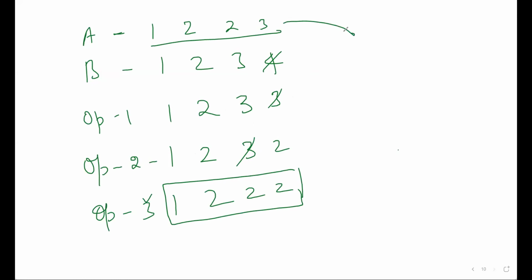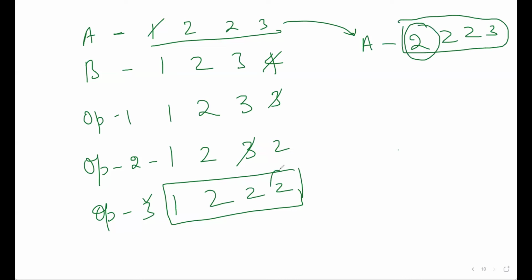Now in operation 4, you are converting the first element of array A to 2, so your array looks like 2, 2, 2, and 3. So the minimum element is greater or equal to the maximum element of the second array. So four operations you are performing. You cannot perform two operations at the same time. In one operation, you have to choose either A or B.